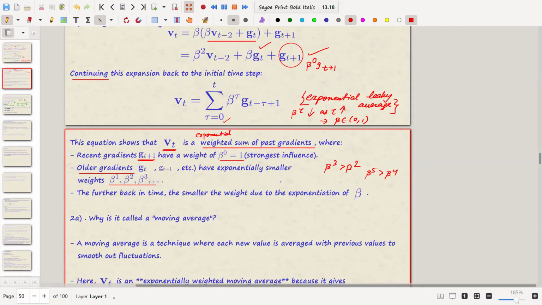Why? Small value. Small means how much small? In between 0 and 1. Yes. Beta to the power 8 greater than beta to the power 6, is it correct? Why?